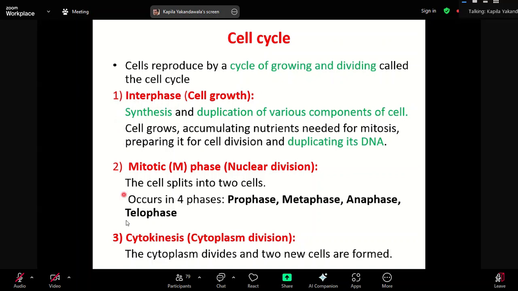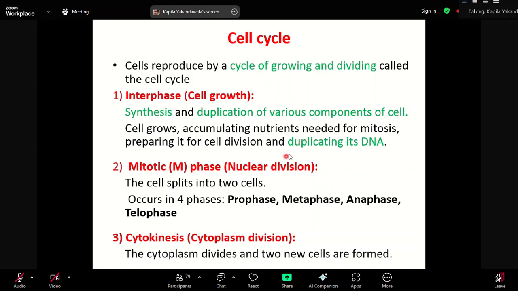First, it has three main stages. First stage is called interphase. During interphase, the cell grows, produces more DNA, produces more mitochondria, chloroplasts, all the material necessary for cell division will be produced at this stage. Cell growth stage or interphase. Then after that, this will move to the mitotic phase, or nuclear division phase.